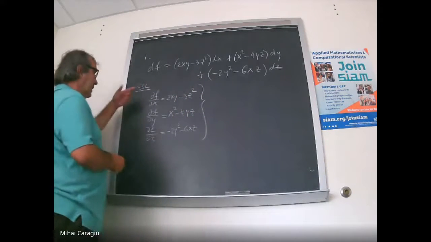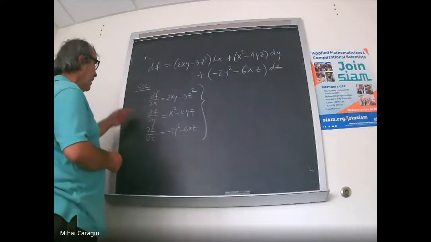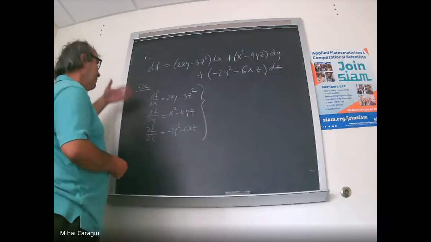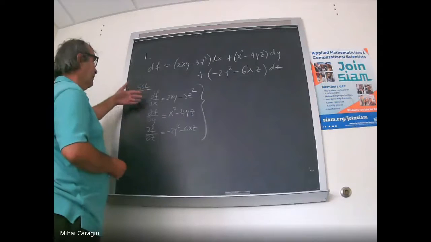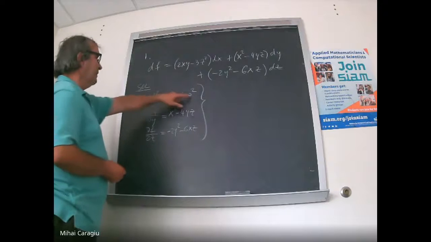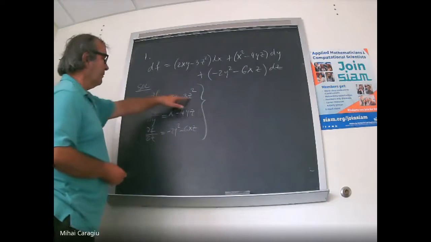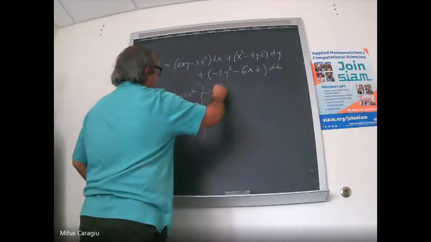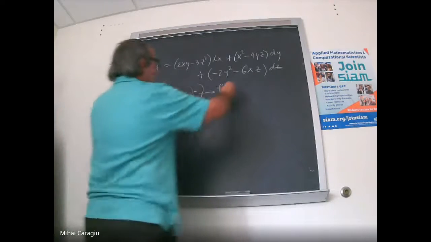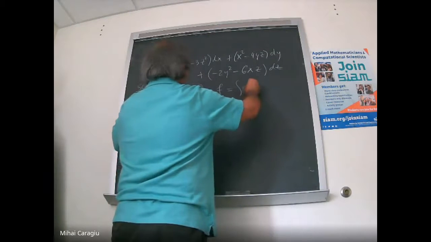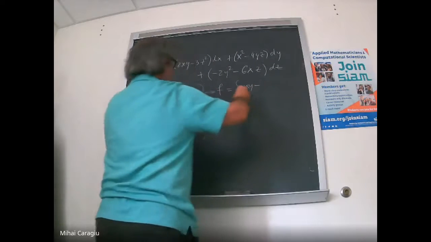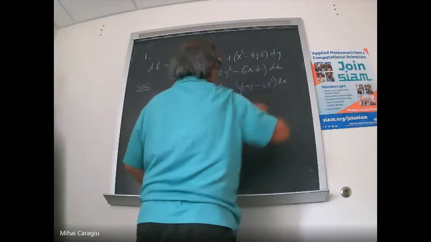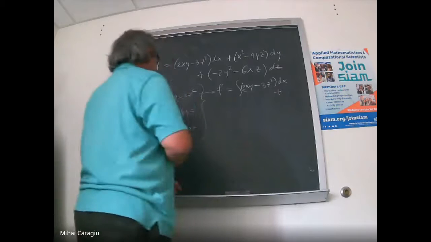f is a not yet known function with respect to x, y, and z. How to find the function f? We have three versions to find the function f. In this version, the function f is the antiderivative with respect to x of the first item written here. So f is the integral of 2xy minus 3z squared dx plus a constant.